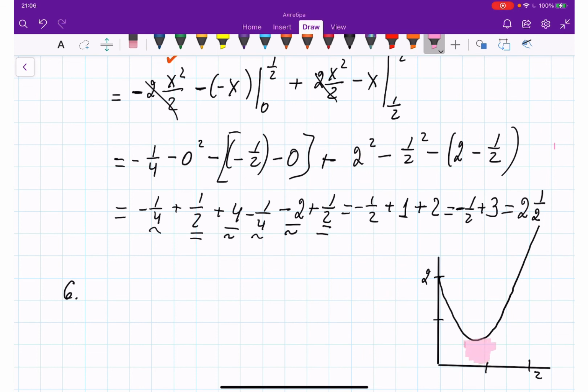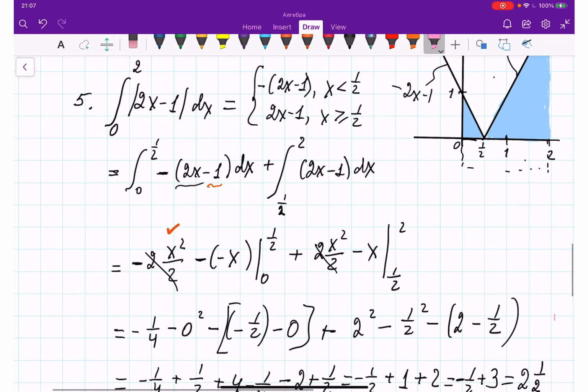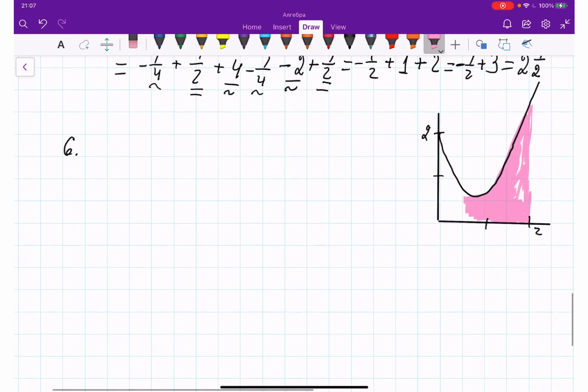Now this one, this time we don't have a cut, right, in the areas like we had last time. So we can calculate it with one integral, yes? In the previous case, we did a summation of two integrals because it was touching the x-axis right here, right? So we had to do two integrals and add them.